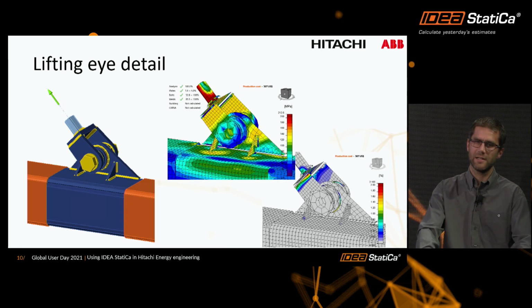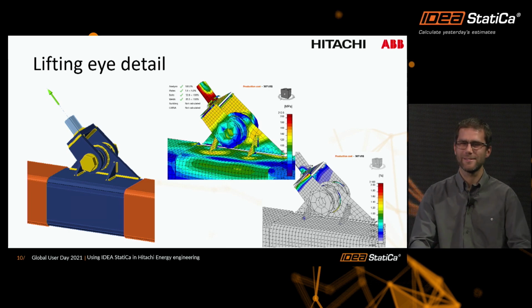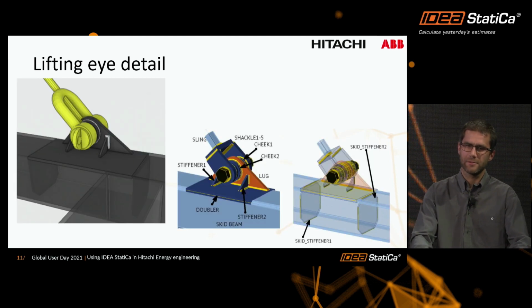You can see that the results are much better. But anyway, after discussion with the manufacturer, we were told that this is not a good solution regarding keeping some tolerances regarding straightness of the beam. So that's why we provided several different solutions.